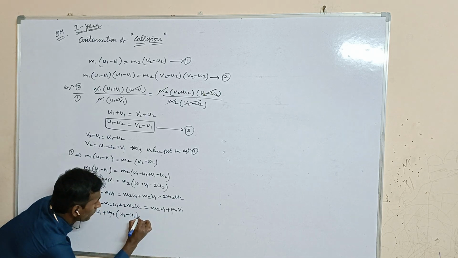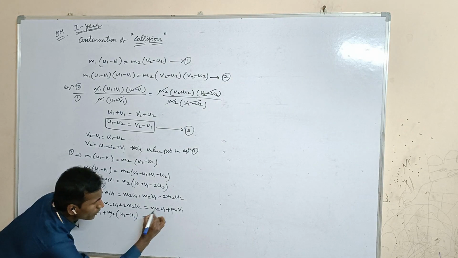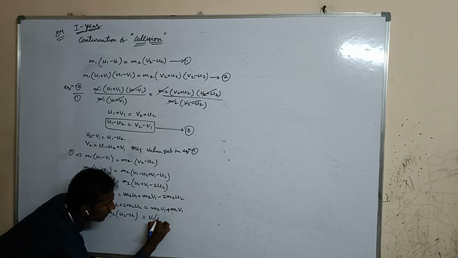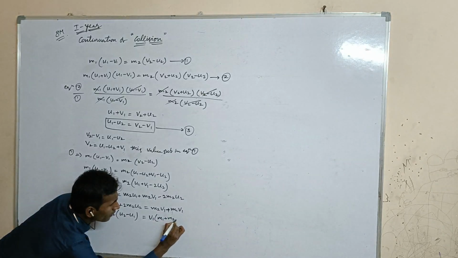And now this is equal to, taking out the common v1, you will get (m1 plus m2).